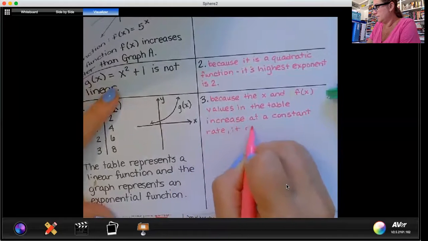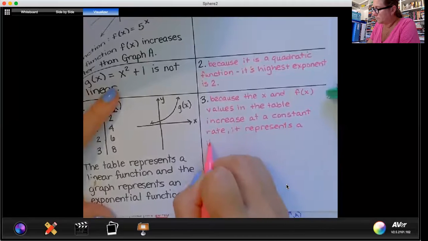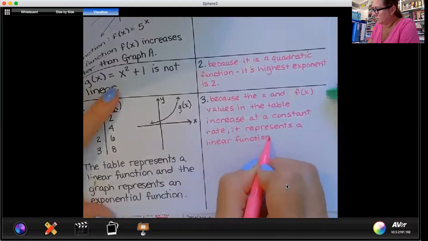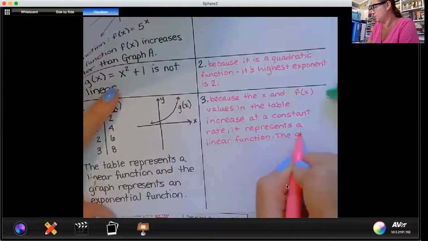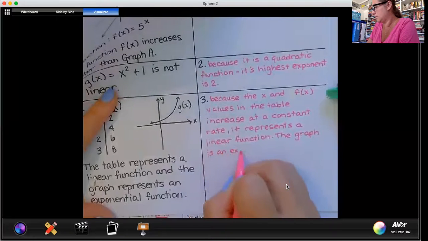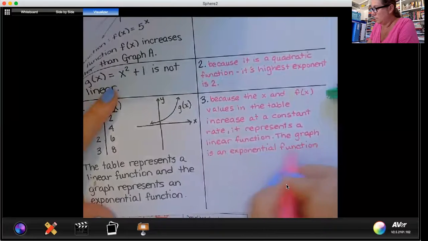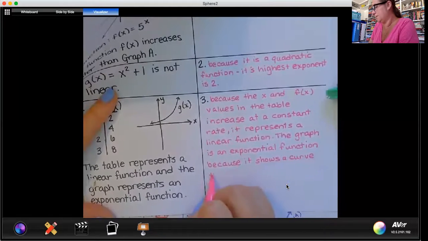It represents a linear function. The graph is an exponential function. Because it shows a curve that increases rapidly.